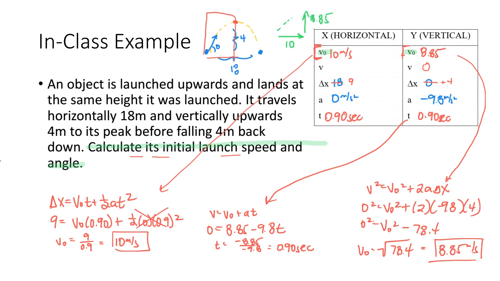We'll use the Pythagorean theorem to get a total initial velocity of 13.3. And if I use tangent, I can find the angle, which is 41.5 degrees. There we go. Our total initial launch speed, 13.3 meters per second, and our total launch angle, 41.5 degrees.